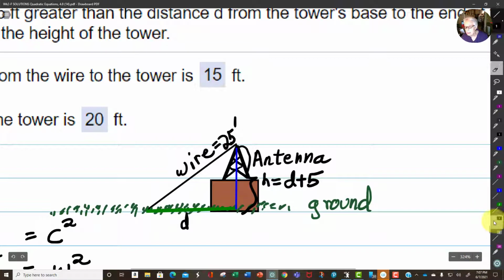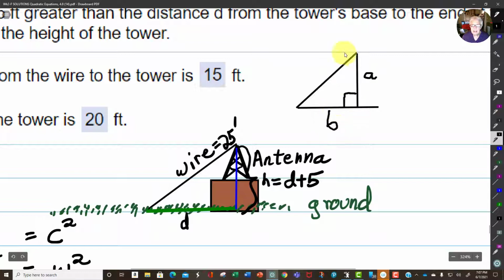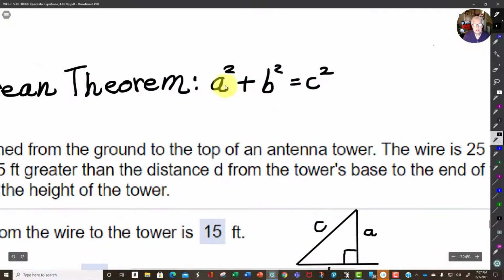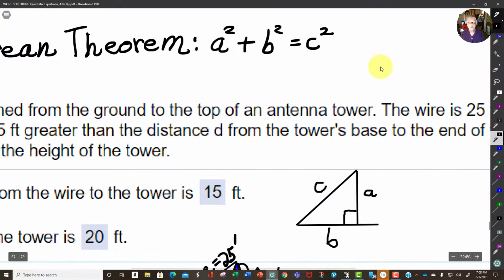Now, when you have a right triangle, which should look something like this, where this is your 90-degree angle, this side is usually called A, this side is usually called B, and this side is usually called C, and the Pythagorean theorem is a squared plus b squared equals c squared. You only find the length of the sides with the Pythagorean theorem.